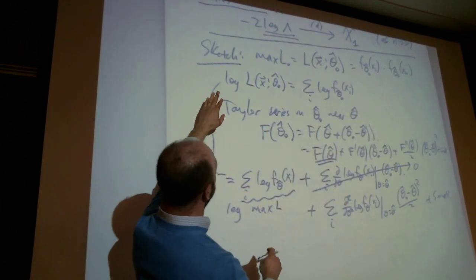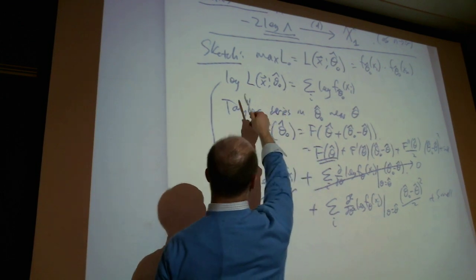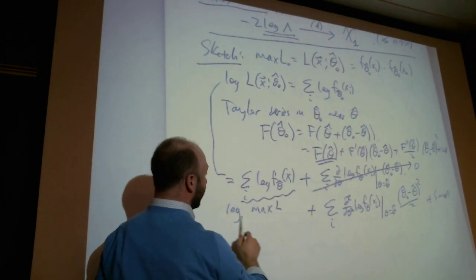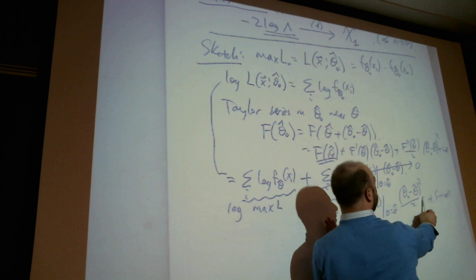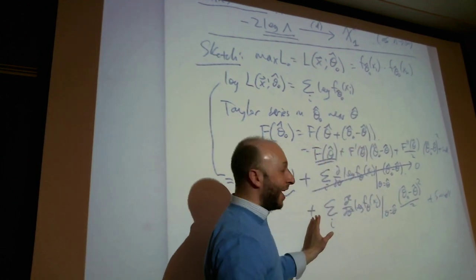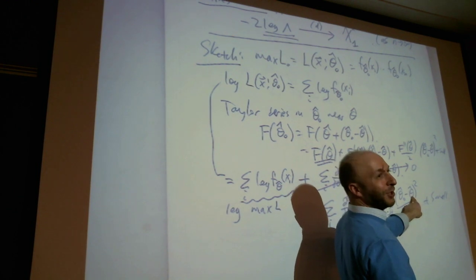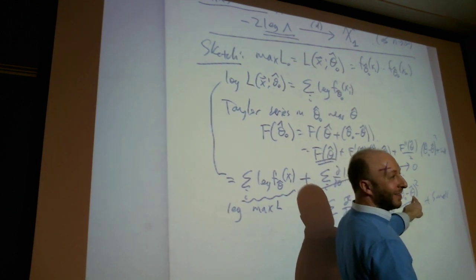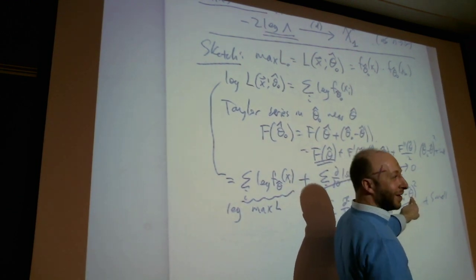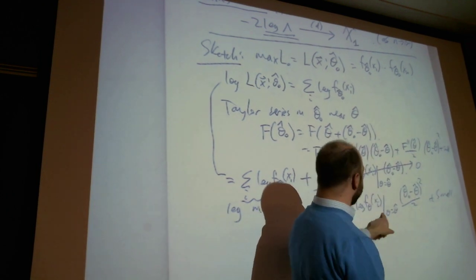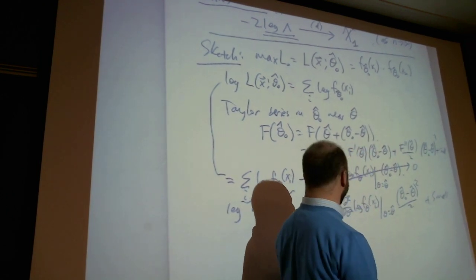So the ratio that we want, this log lambda, is this thing minus this thing, which we're now down to this quadratic term. And it turns out that this quadratic term is the square of asymptotically a standard normal Gaussian. And a square of a standard normal is a chi-square. Now why is that? Because this literally is, as n goes to infinity, the information.